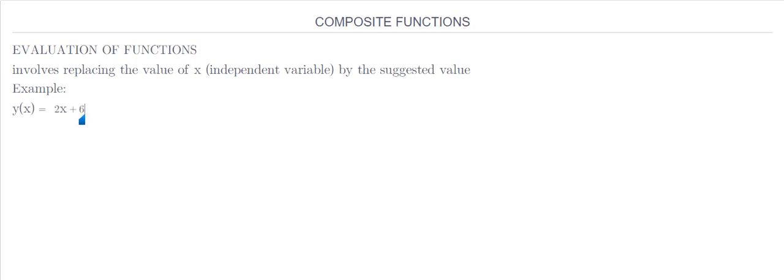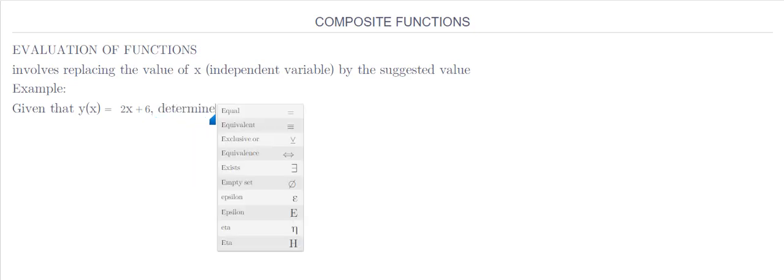I'm writing an example directly on my screen so that you can see that these things are not hard to be done. So now, given that y of x is equal to 2x plus 6, determine.